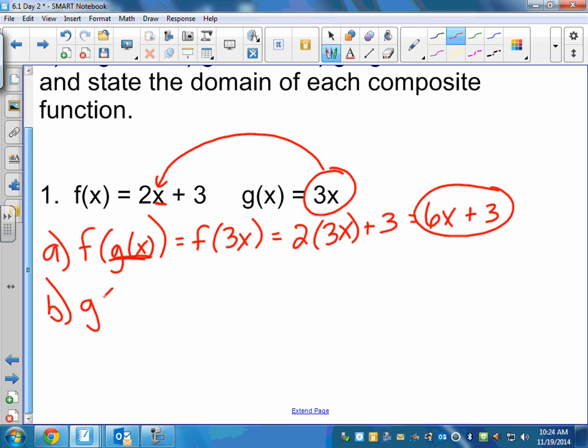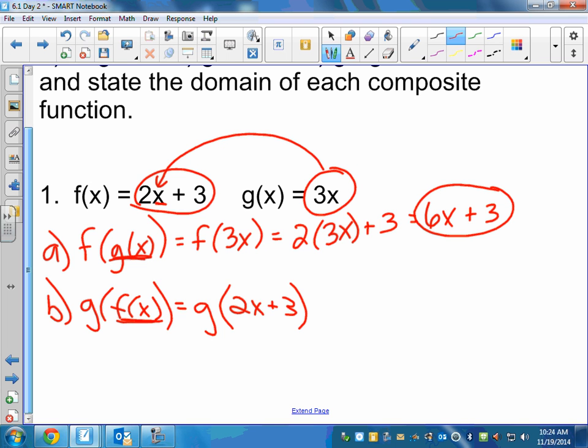So if I did g of f of x, now f is the middle function, and I'm going to plug it in everywhere there's an x in g. So again, if you want to show your work, step 1, start with the inside function, which is 2x plus 3, and then do g of that. Just like g of 2, you would say is 3 times 2.